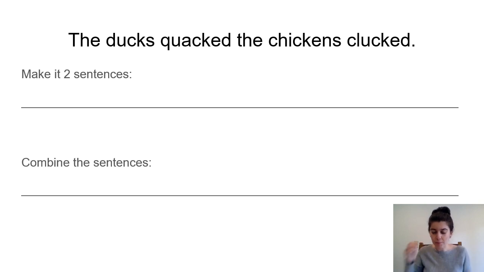When we do that, we end up with compound subjects and predicates. We talked about that's when we're talking about more than one person or more than one action. So, looking at this again, the ducks quacked, the chickens clucked. Another way to rewrite this would be the ducks quacked and the chickens clucked.